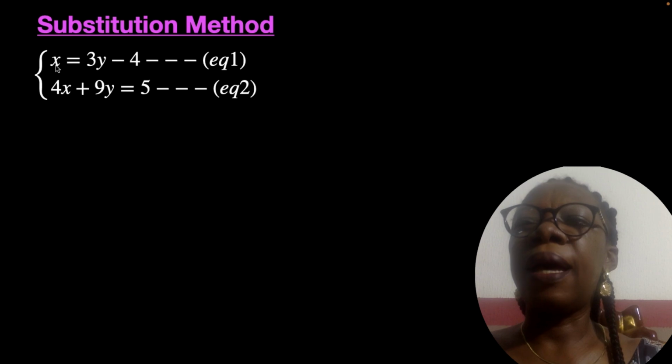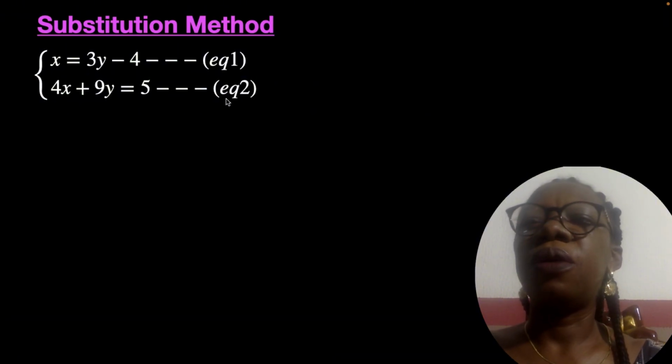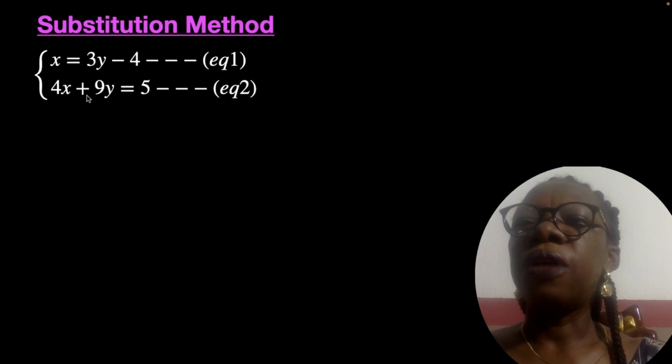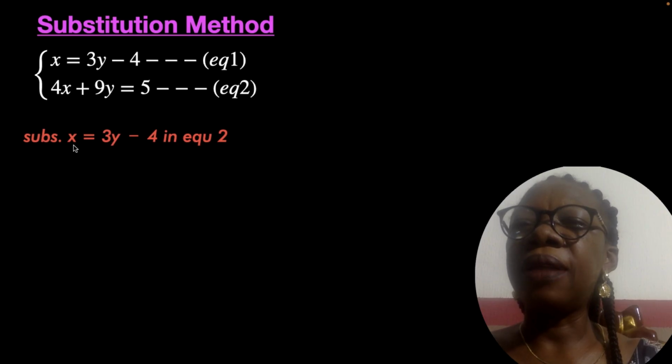In this one, x is equal to 3y minus 4, equation 1, and 4x plus 9y equal to 5, equation 2. Now, to solve this by substitution method, we already have that x is equal to 3y minus 4, so we substitute x equal to 3y minus 4 in equation 2.